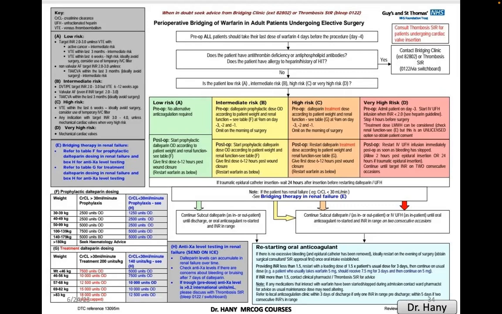So I will not put the low molecular weight heparin directly when I stop the warfarin. I will start it after 2 days. Then I will keep the patient on low molecular weight heparin treatment dose until delivery. By treatment 24, prophylactic 12.